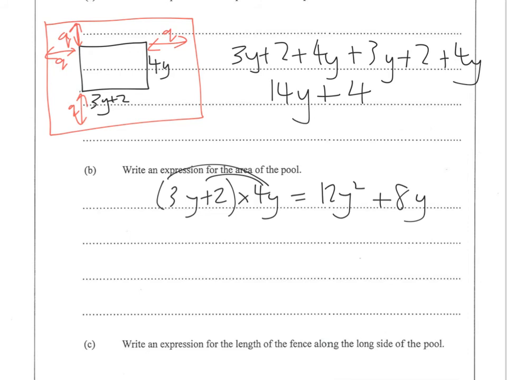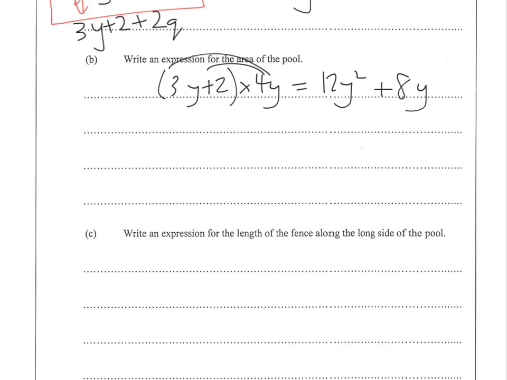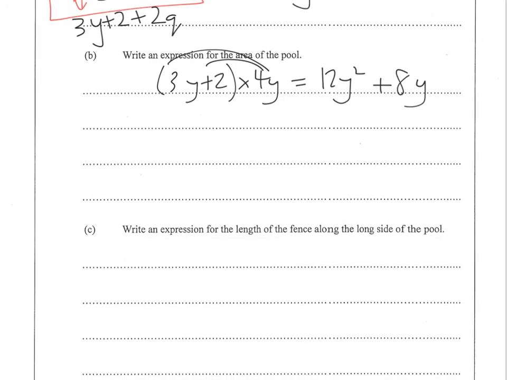So, we said that the length of the pool was 3y plus 2, but now we are going to add 2q to that, because that q to there and that q to there. So 3y plus 2 plus 2q.